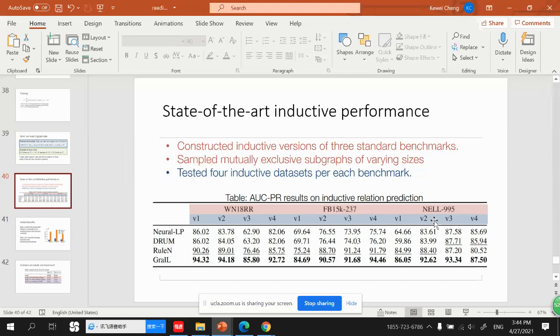Yes. Although our objective function is not defined over the link prediction task, as long as the rule is good, it will do well. Okay, great.